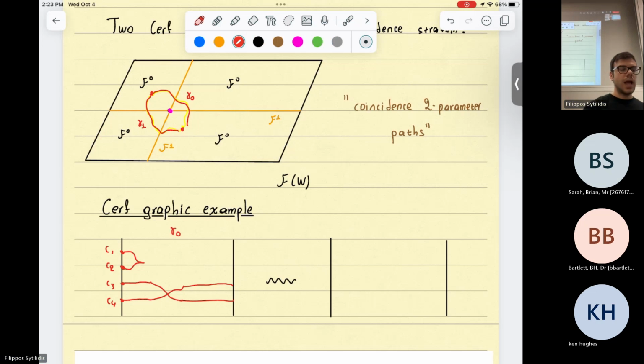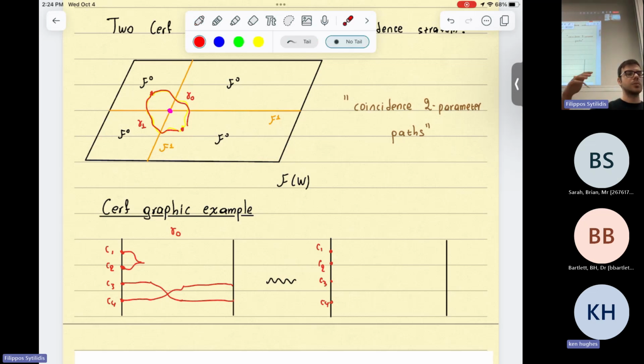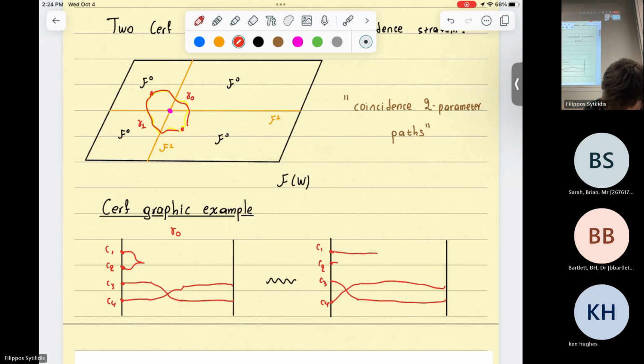Okay. And then a Cerf graphic that would describe gamma 1. Again, I start with those 4 critical points, C1, C2, C3, C4. Now I first cross the horizontal line, so I'm first going to cross C3 and C4. And then I'm going to kill C1 and C2.